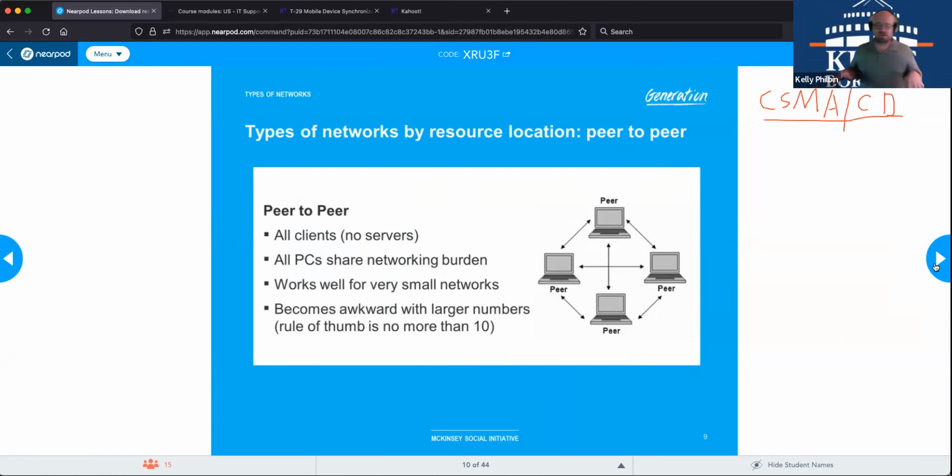This only works for small groups. I don't know if anybody remembers having LAN parties when they were younger. We did that quite a few times, playing computer games. And at a certain point, it became difficult to manage. Usually more than 10 doesn't work so well.